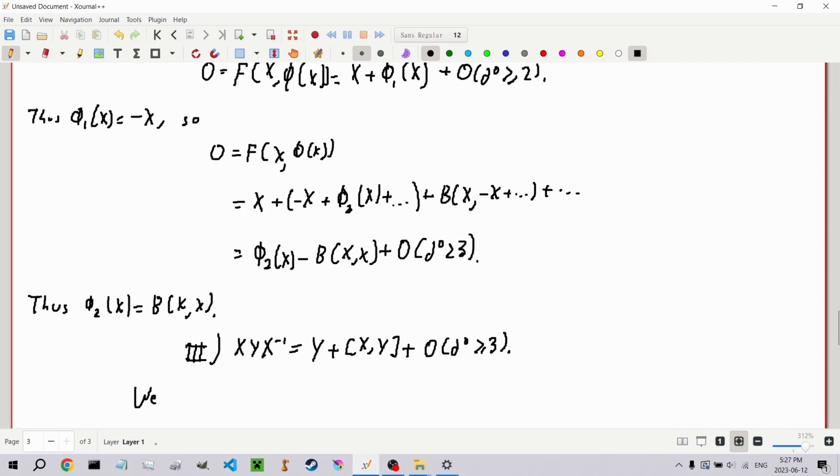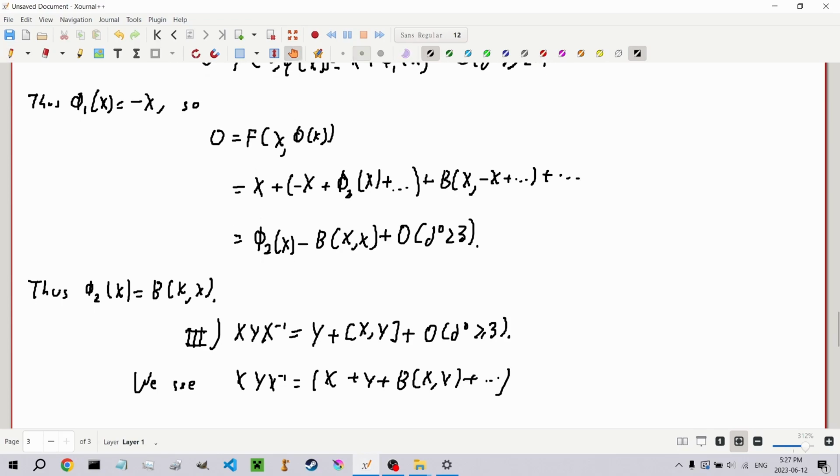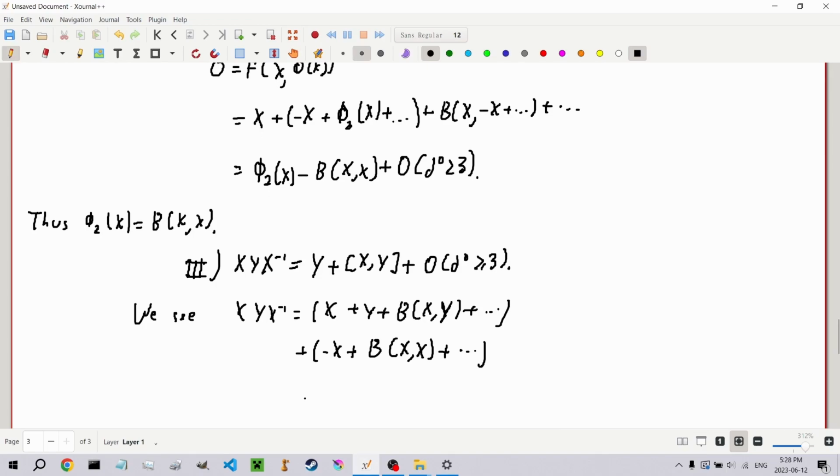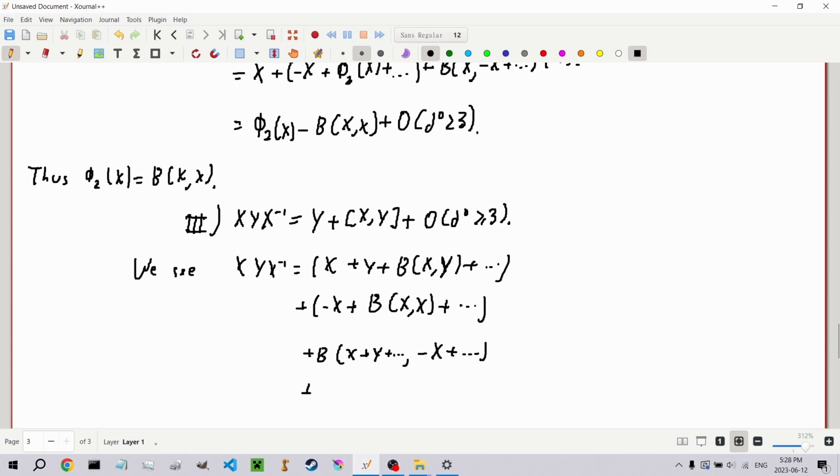And we see x times y times x inverse is x plus y plus bilinear form plus more stuff, plus negative x, plus, this is supposed to be y plus b of x and x, plus higher order stuff, plus b of x plus y plus higher order stuff with negative x plus higher order stuff, and then even more higher order stuff.